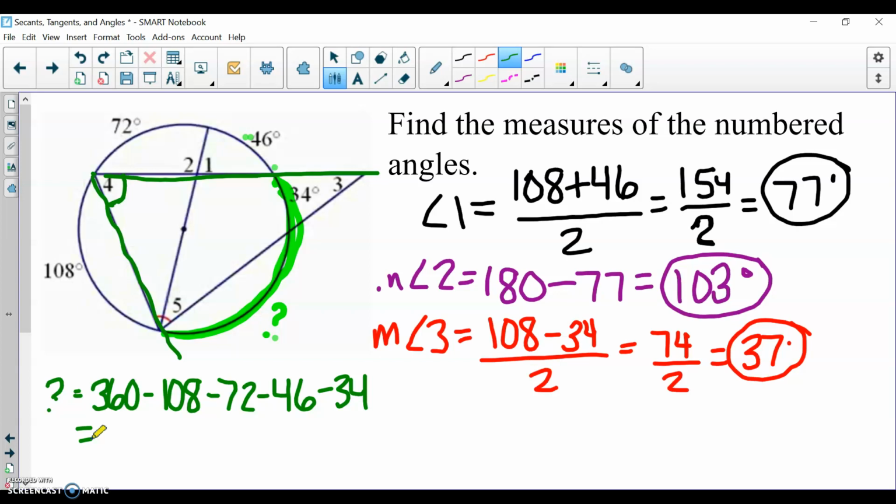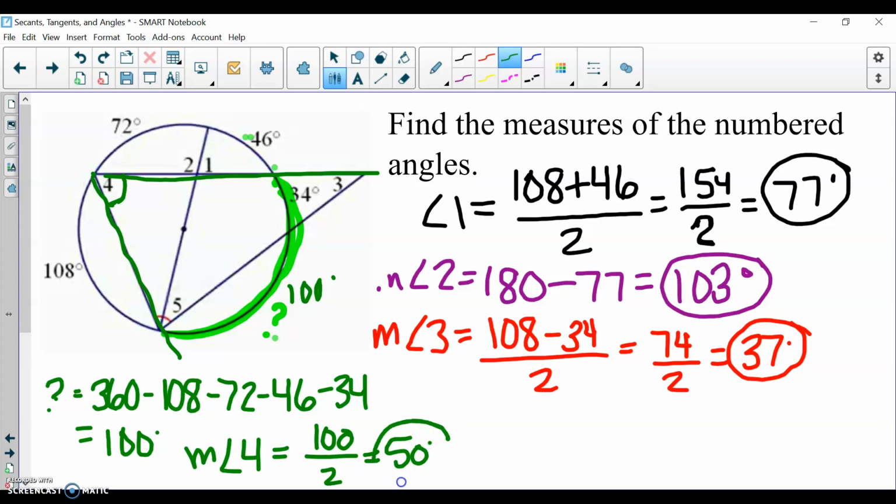And when we do the subtraction, we end up with 100 degrees. So the inscribed angle is always half of the arc that it opens up to. So our measure of angle 4 is going to be the arc divided by 2, which gives us 50 degrees.